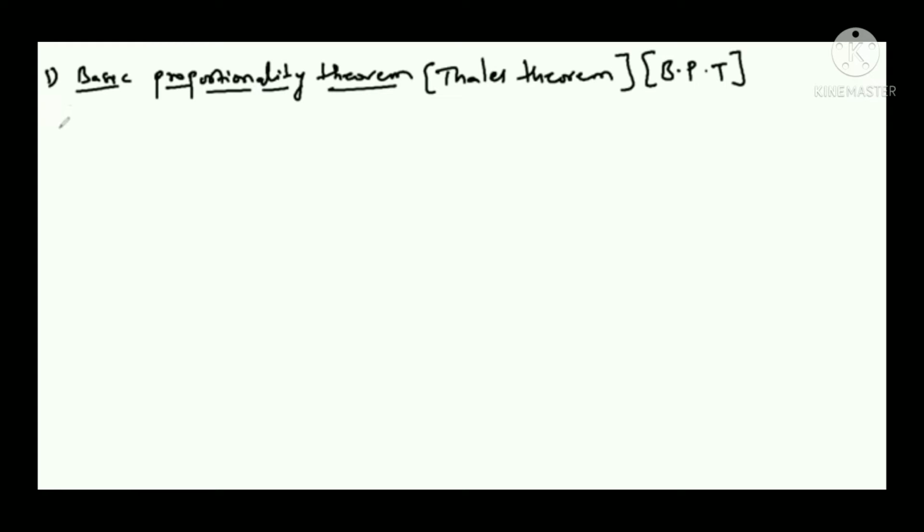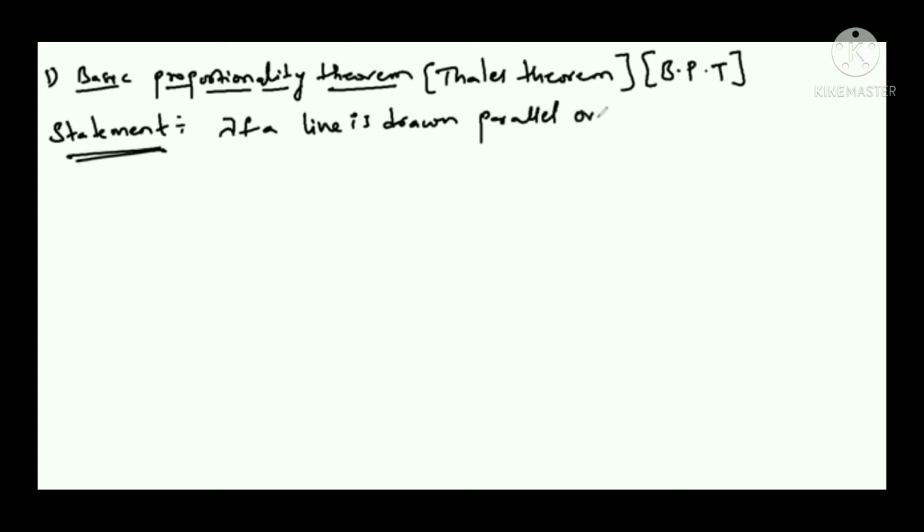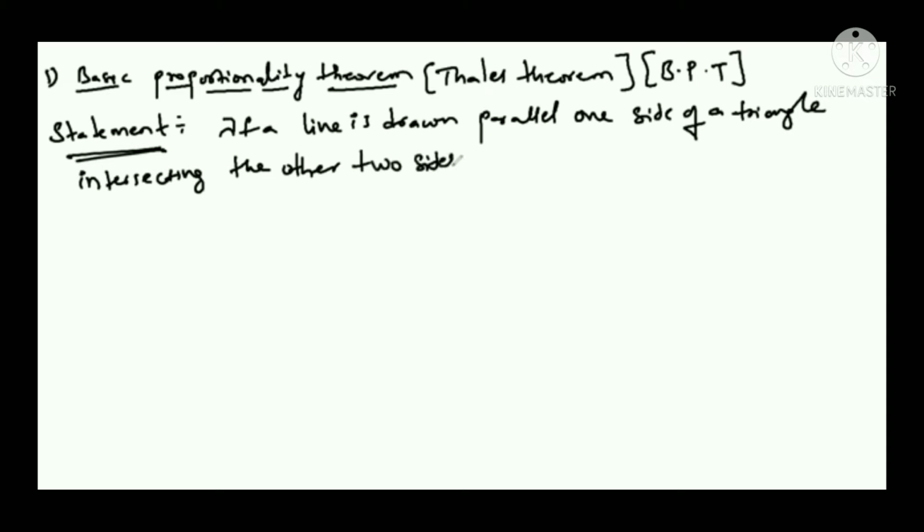Statement: If a line is drawn parallel to one side of a triangle, intersecting the other two sides, then it divides the two sides in the same ratio.